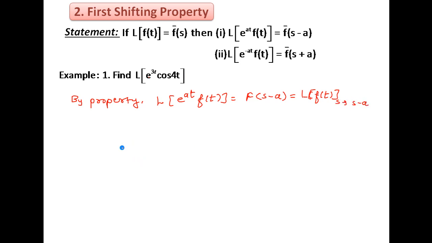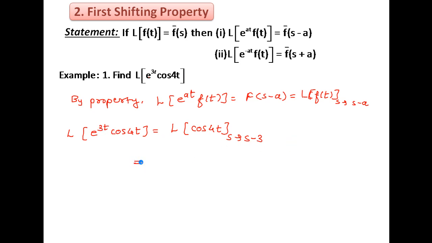So if we use this property, we will get Laplace of e to the power 3t cos 4t is equal to Laplace of f of t. F of t is here cos 4t, where s is replaced by s minus 3. Here the value for a is 3.